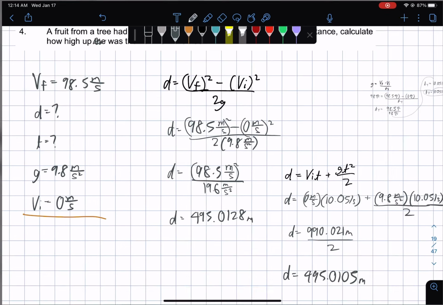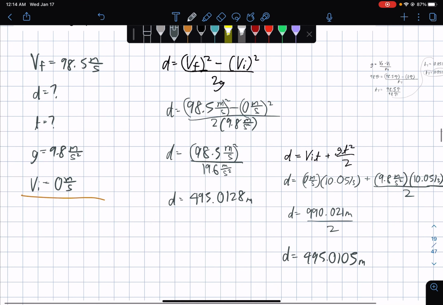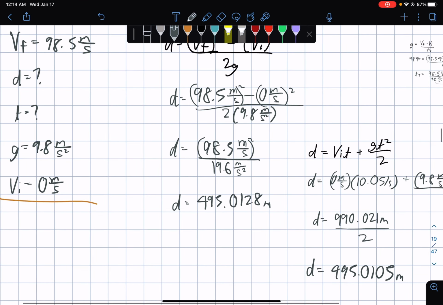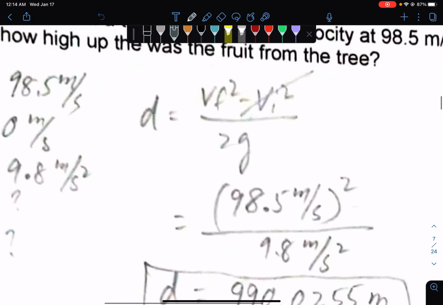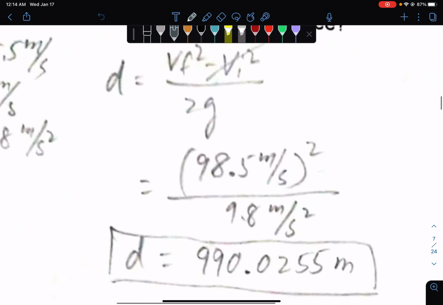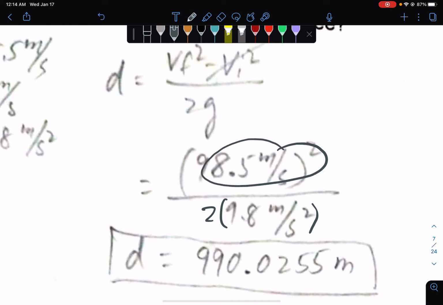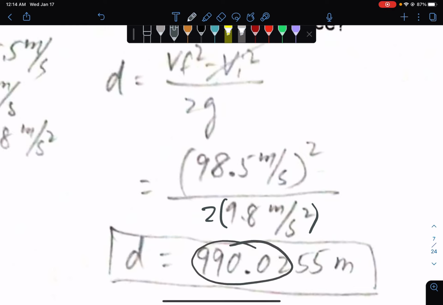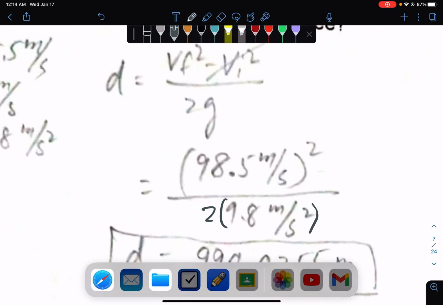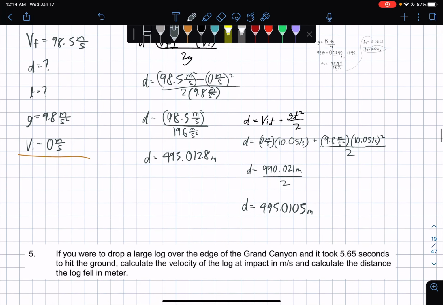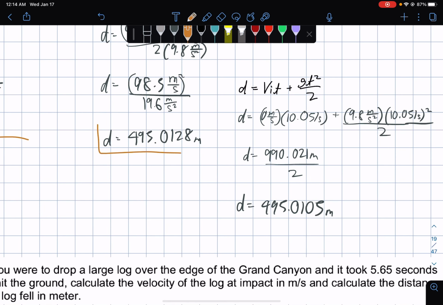It says 990. What is wrong? Oh, wait. Yeah, as you can see, there's supposed to be a times 2 here. So this is supposed to be 19.6. This thing divided by 19.6 is the half of 990. So, yeah, I suppose the answer key is wrong. This is correct.